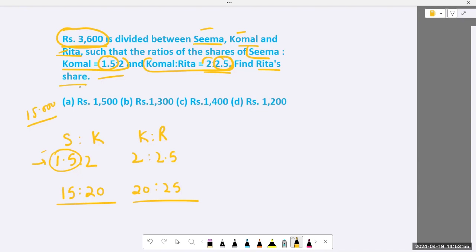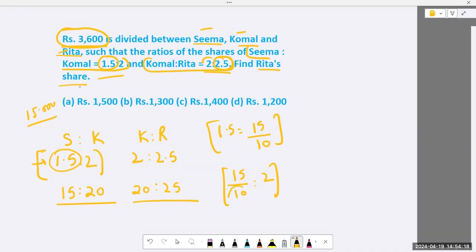And another way to understand why we multiplied it by 10 is, see, 1.5 is equal to 15 upon 10. These two things are the same, just the representation differs: here it is in decimal and here it is in fraction form. So I can write 15 upon 10 raised to 1. So this and this are actually equal.